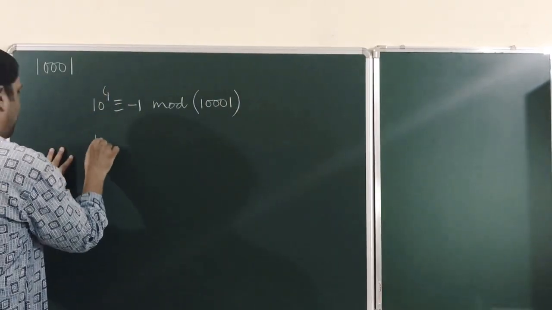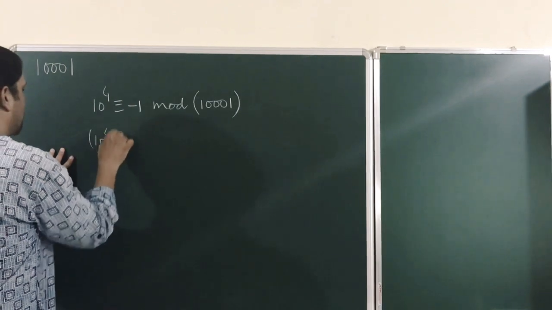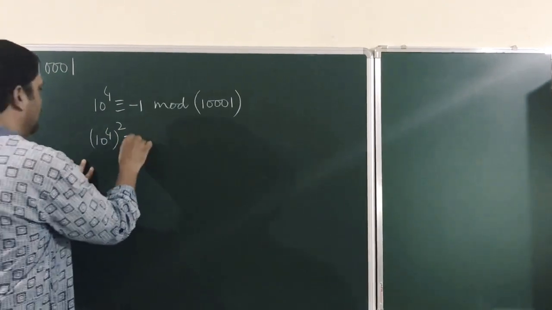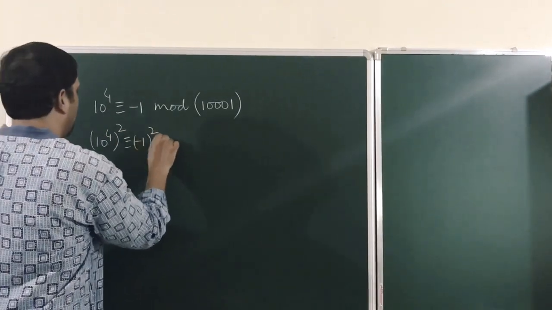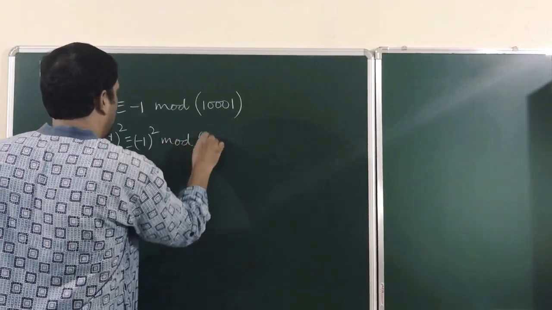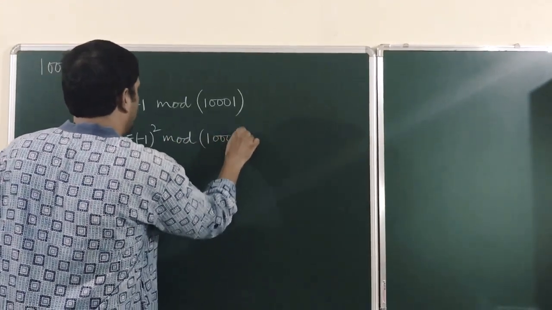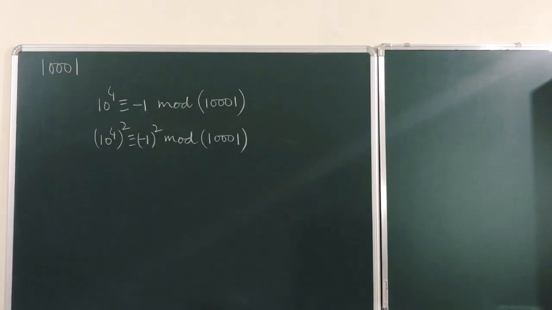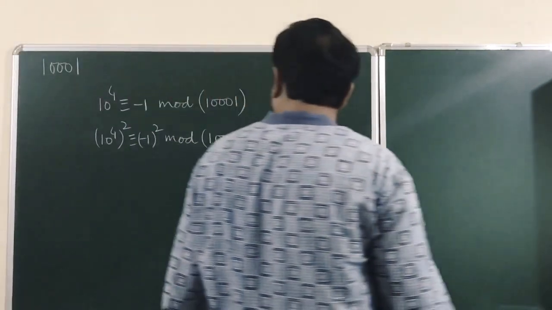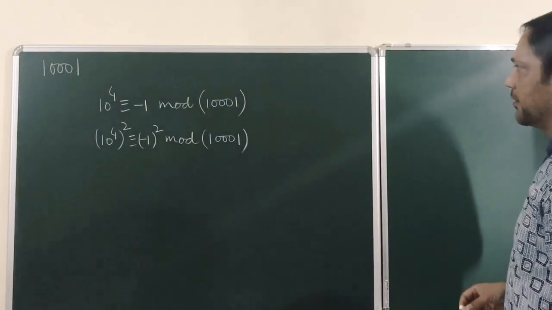And similarly I can write 10 raised to the power 4 whole square congruent to minus 1 raised to the power 2 mod 10001. From there we are going to develop one interesting observation.